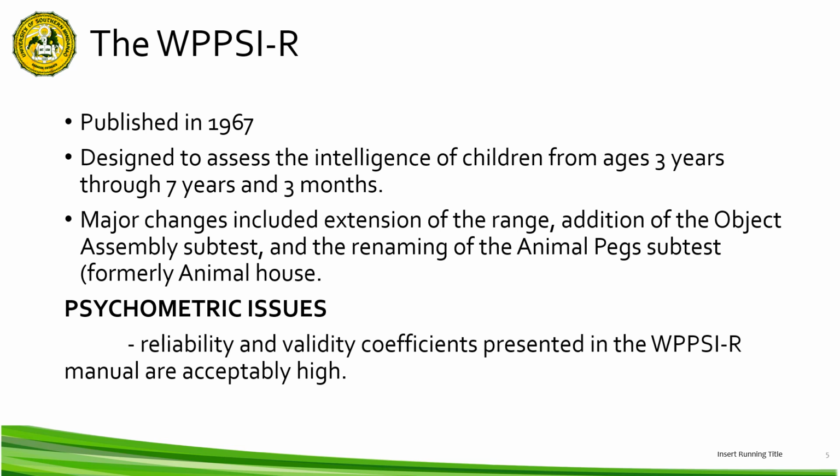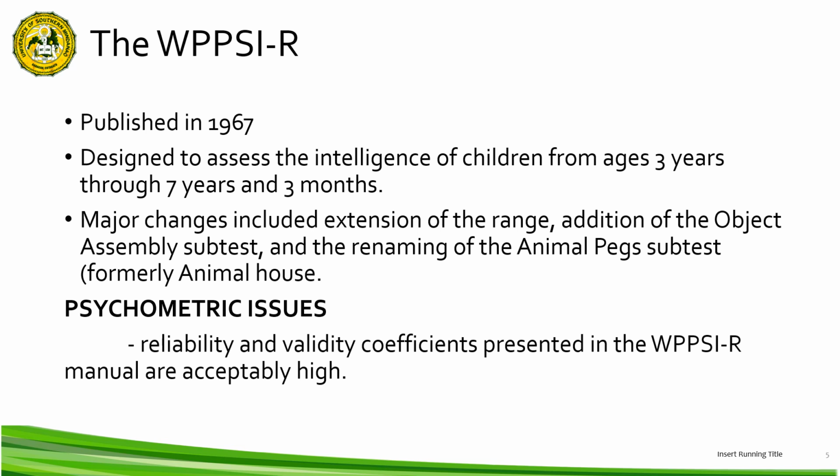So when we say WPPSI, it means Wechsler Preschool and Primary Scale of Intelligence. It was created to assess the intelligence of children from ages 3 to 7 years and 3 months.